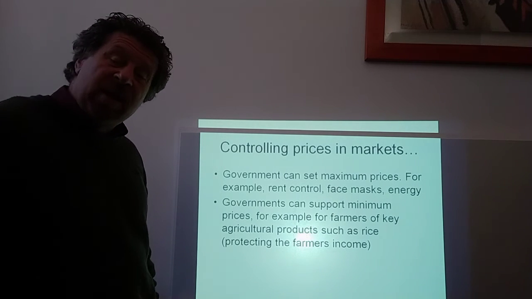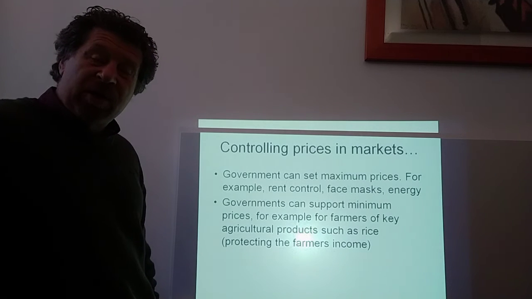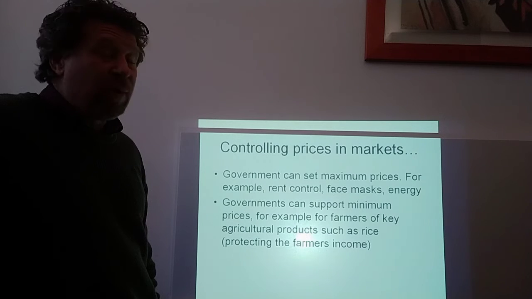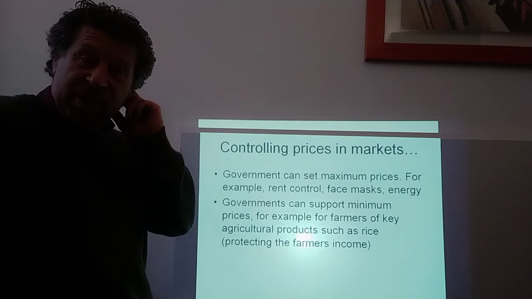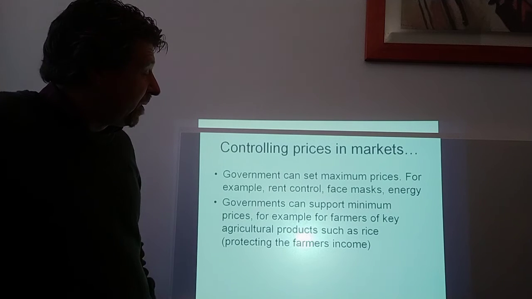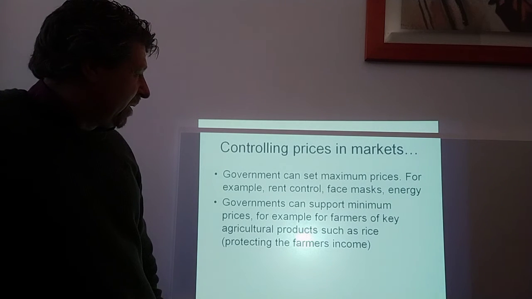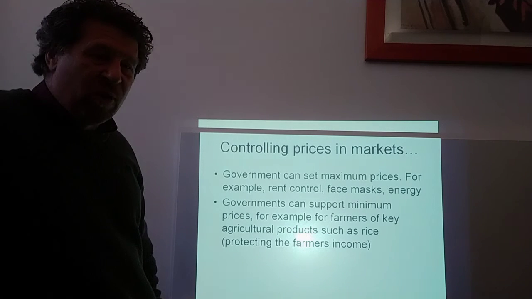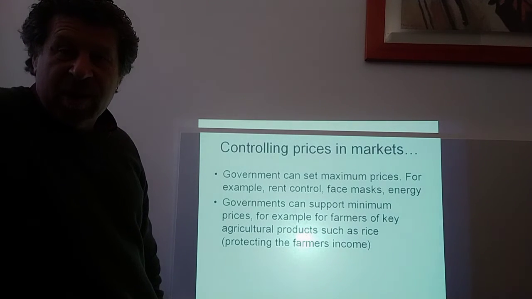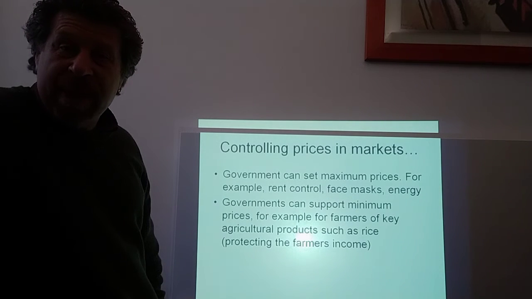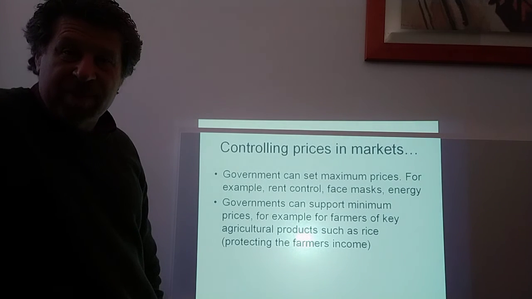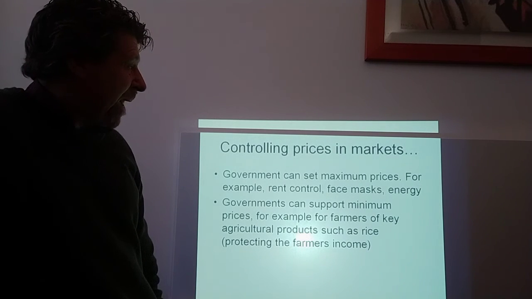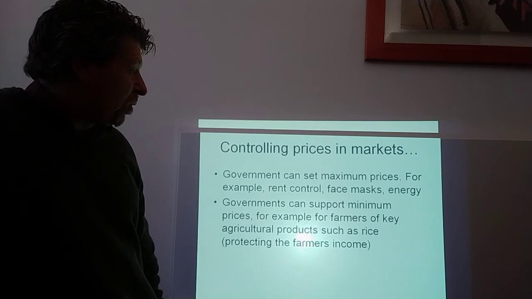The government said cannot be more than a certain price, or, for example, rent control is quite famous in England to put a limit on rents, and this will create a problem for suppliers who, at a certain price, won't be able to satisfy all the demand. There'll be a big demand, so often there'll be shortages if you have a maximum price.